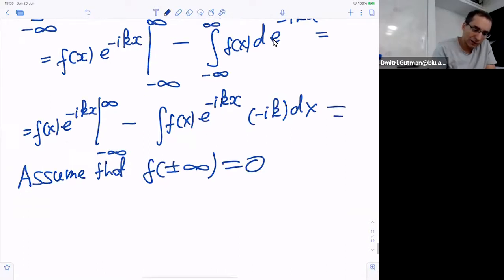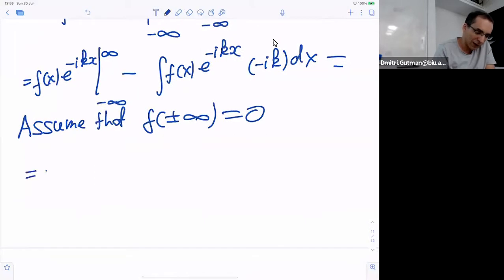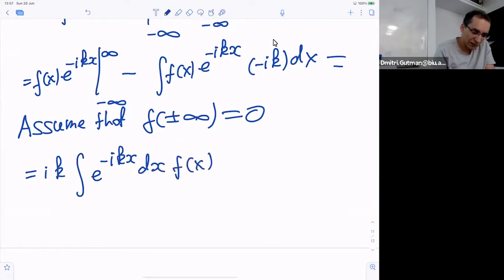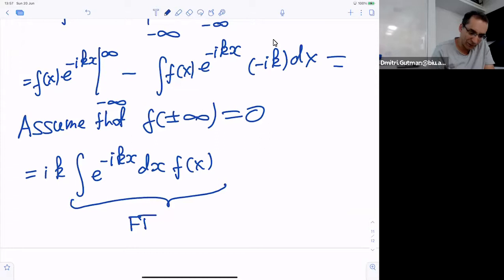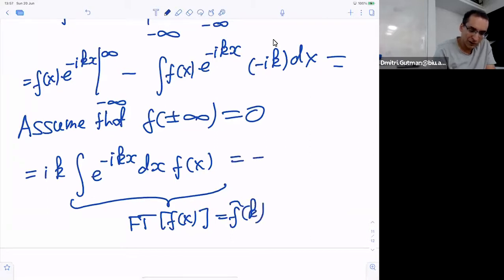Then what I'm getting is ik integral e to the minus ikx dx f of x. But this was just defined as the Fourier transform of f of x, and we denote it as f tilde of k. So this means that we are getting minus ik f tilde of k.